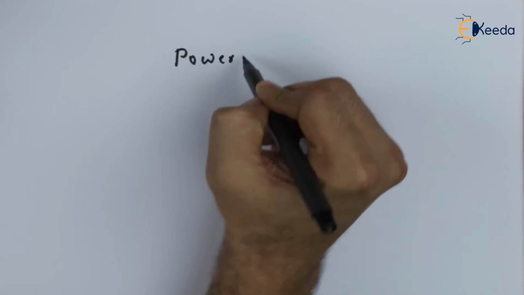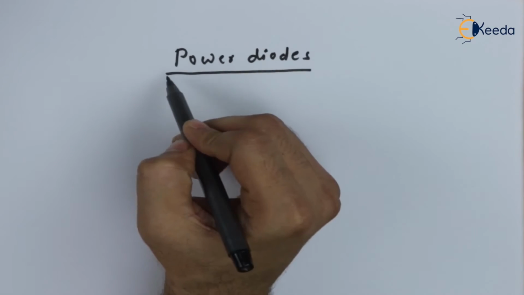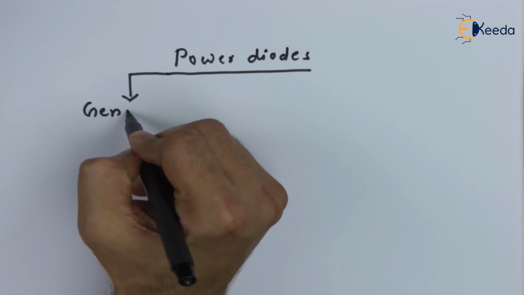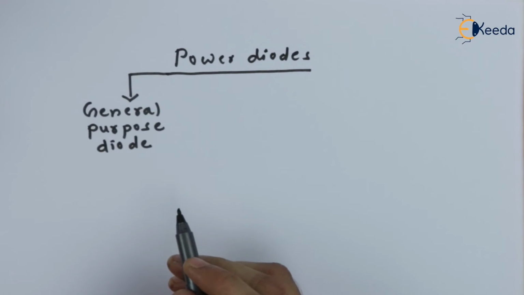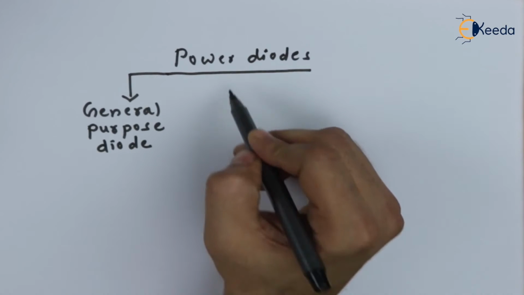Now friends, let's talk about the different types of power diodes. Basically, a power diode is classified into three types. Number one is the general purpose diode.